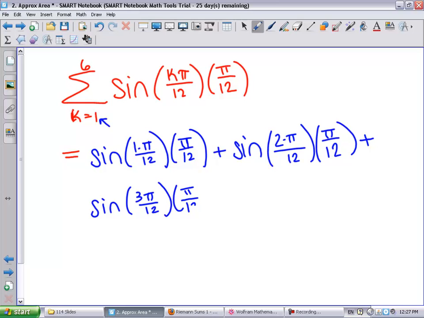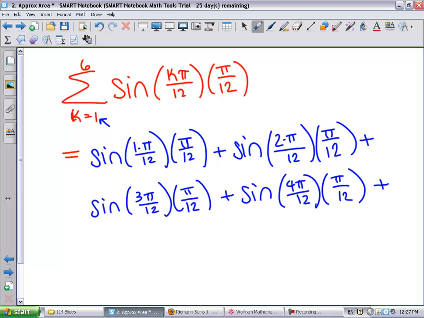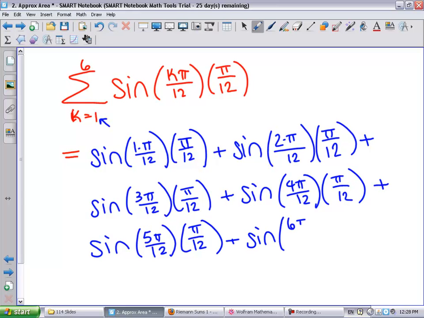That's the area of rectangle number 3, plus sine of 4 pi over 12 times pi over 12. That's area of rectangle 4, plus sine of 5 pi over 12 times pi over 12. That's area of rectangle number 5, plus sine of 6 pi over 12 times pi over 12, and that's the area of rectangle number 6.